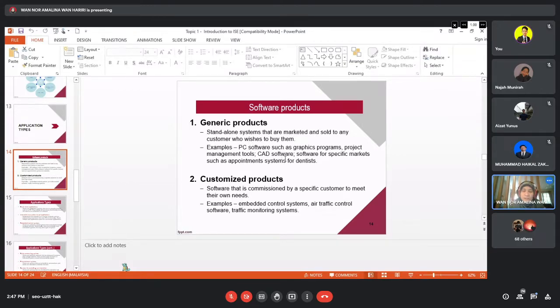For instance, Microsoft Office, or you have the CAD software, or the software that you can buy on the shelf, off the shelf products. Those are generic products. But when we talk about customized products, this is commissioned by specific customer to meet their own needs. For instance, example, embedded control systems, air traffic control software, traffic monitoring system.